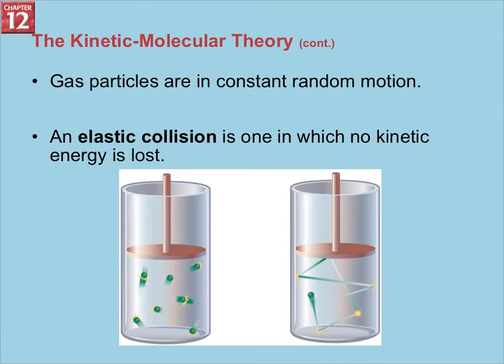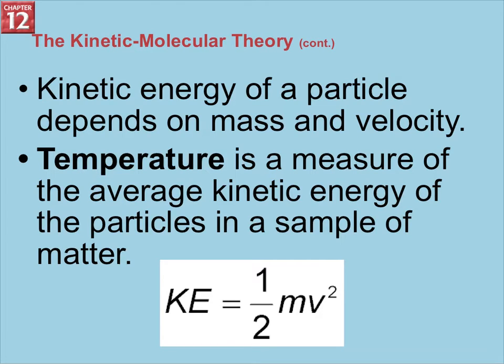So that means all the energy stays. Kinetic energy of a particle depends on mass and velocity. Temperature is a measure of the average kinetic energy of the particles in a sample of matter. So we have this formula here: KE, kinetic energy, is equal to 1/2 mass times velocity squared.